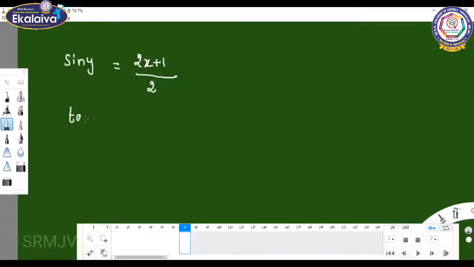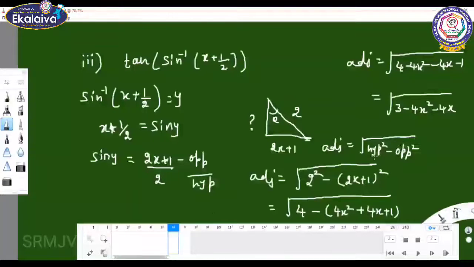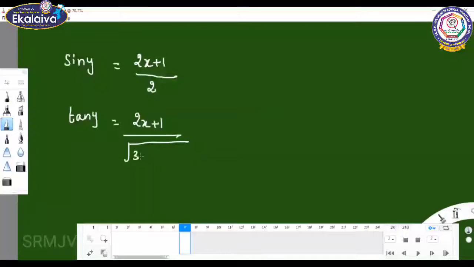Tan y equal to opposite side by adjacent side. This is opposite side. What is the adjacent side here? Adjacent side is root of 3 minus 4x minus 4x square.